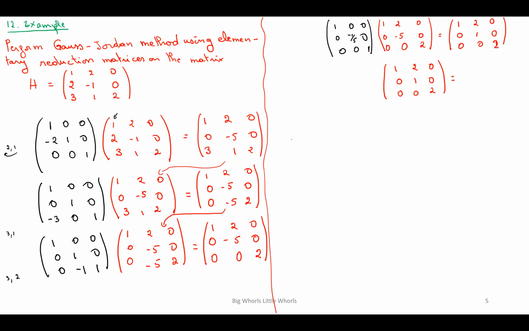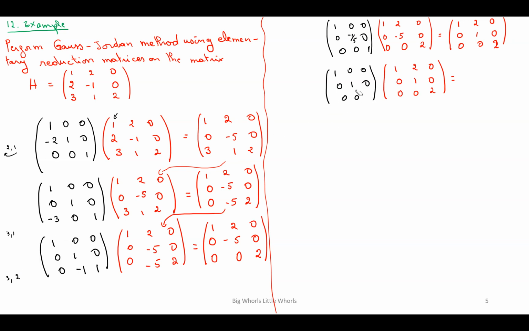Okay, and I'm going to multiply it by a rescaling matrix. So I have my identity 1, 0, 0, 0, 1, 0, 0, 0, 1, and I want to turn that 2 into 1, so I'm going to multiply row 3 by a half. So I'm going to change that 1 into a half.